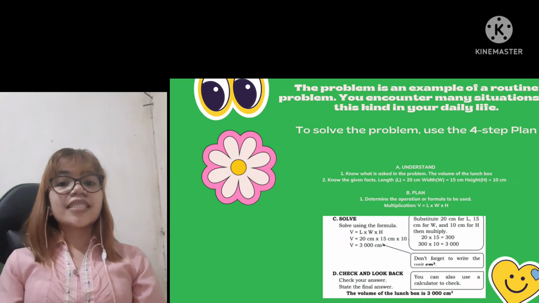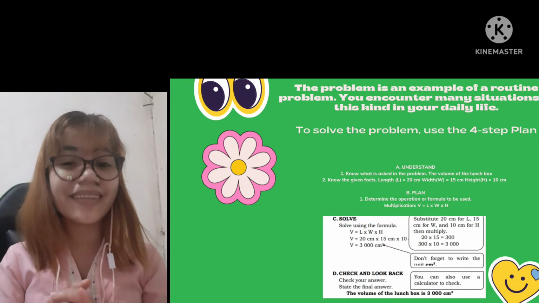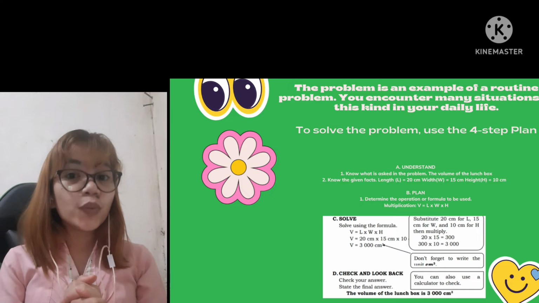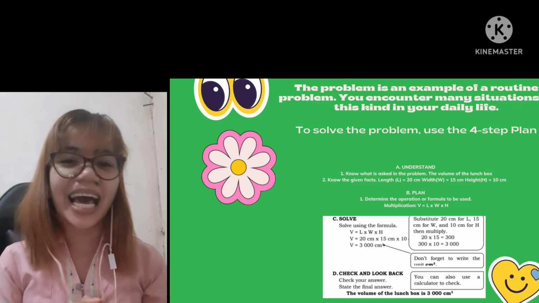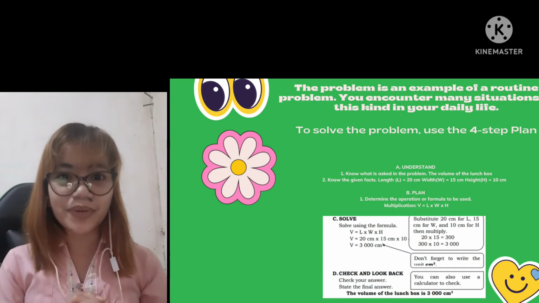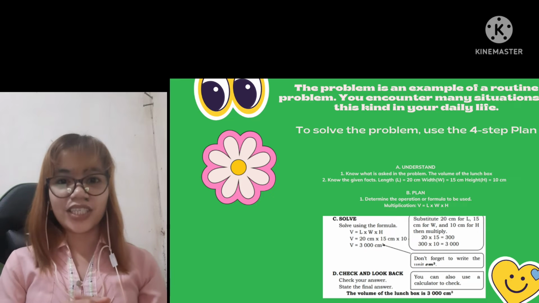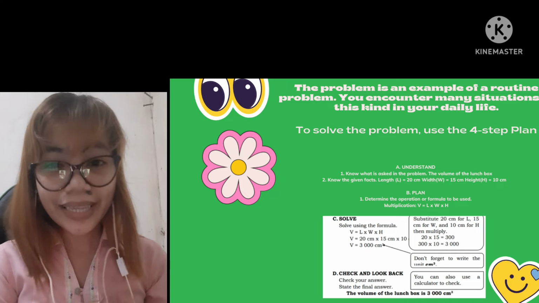Again, since the formula is volume equals length times width times height, we will only multiply. We will just multiply the given numbers in the question. So, that is length 20.